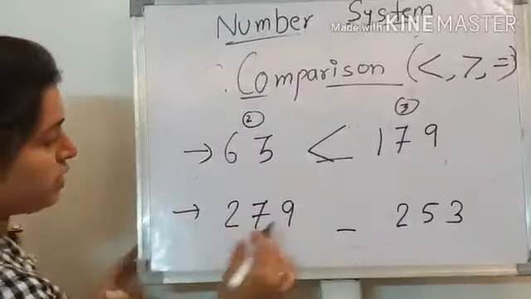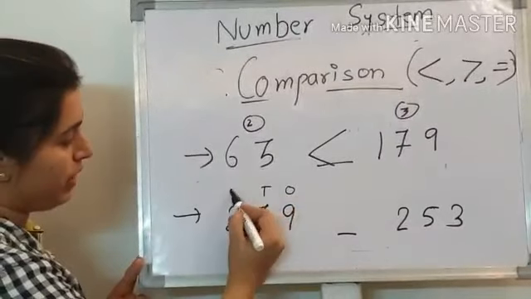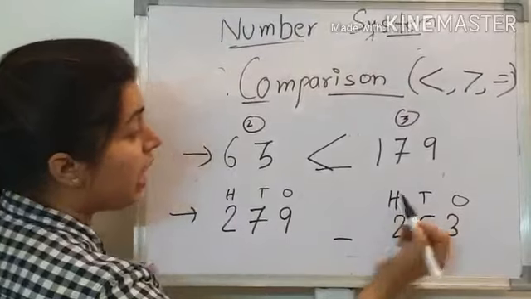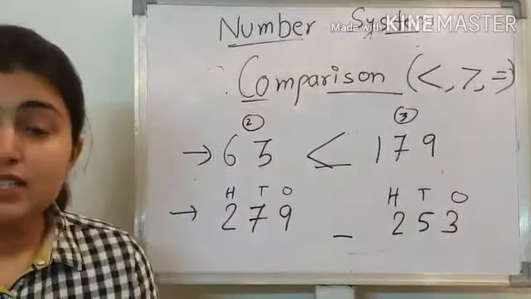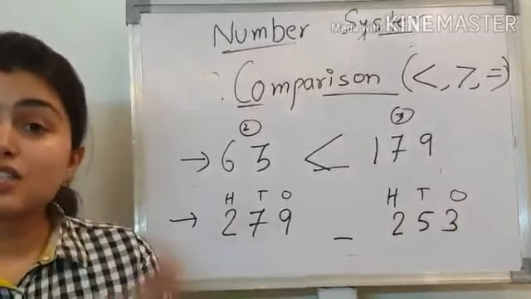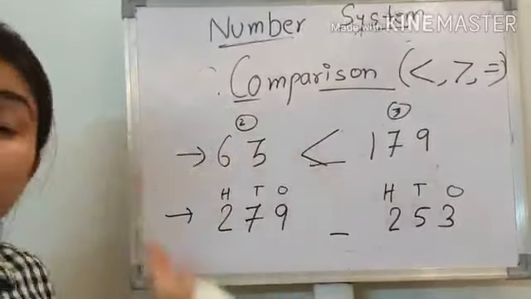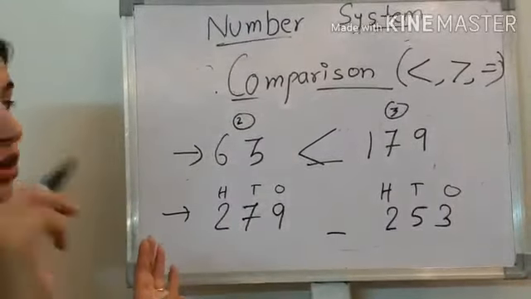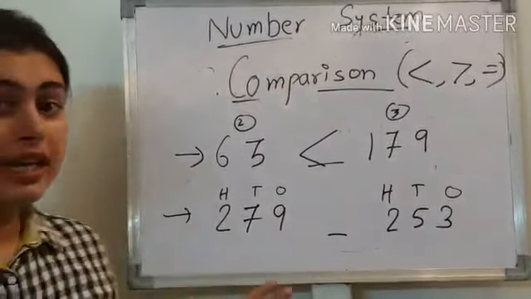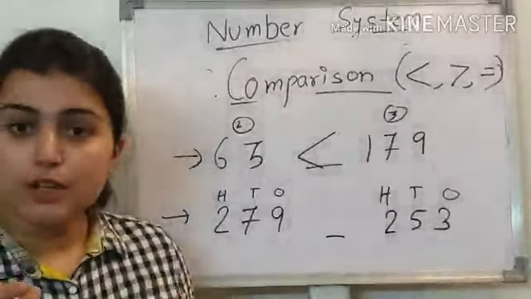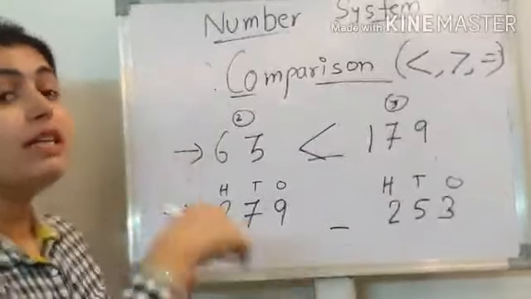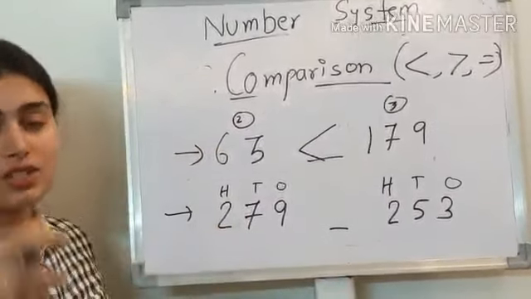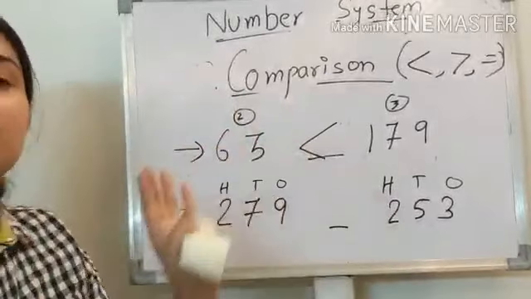Like this is the ones place, tens place, hundreds place. So students, in that case, always start comparing from the extreme left side. Don't get confused, because in assigning the place value, we always start from the extreme right side. But when you compare, always start comparing from the extreme left side.